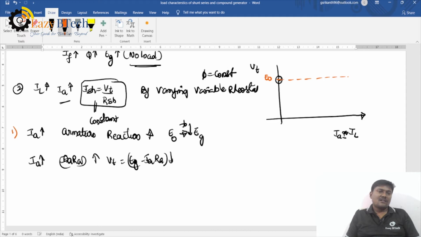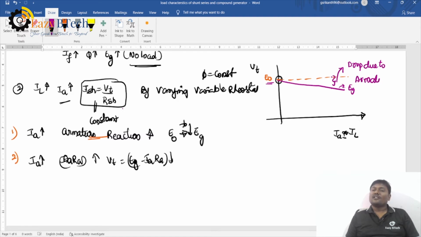What is the first drop? Armature reaction drop. Due to this, the terminal voltage decreases, or the no load voltage E0 decreases to Eg. So this curve is Eg. The gap between these two lines is the drop due to armature reaction.